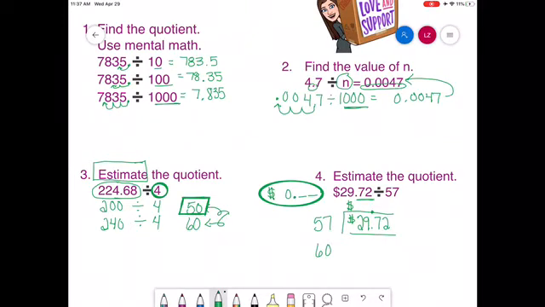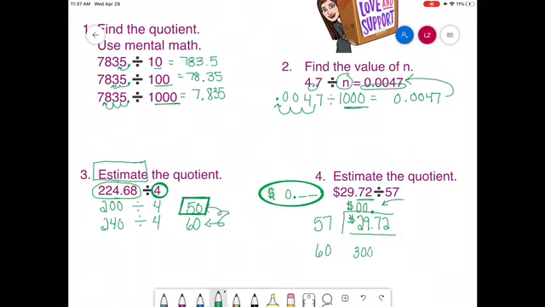Okay, so when we have 60 and we have 2972, I can say, well, 60 doesn't go into 2 and it doesn't go into 29. So my first number is going to be right here. So I've got 297 divided by 60. How about let's round that 297?